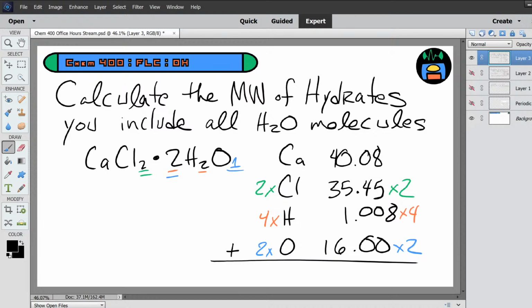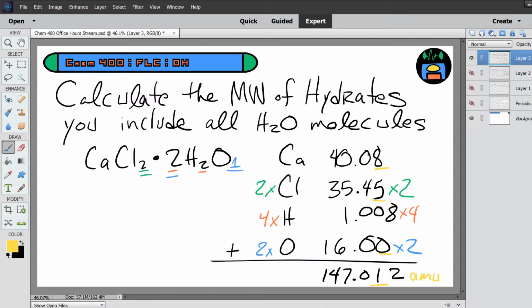So this would have a molecular weight of 147.012. For applying the rules for sig figs, we'd have to round to the hundredths place, and then add our units. So that is how you handle hydrates, both for naming and for molecular weight purposes.